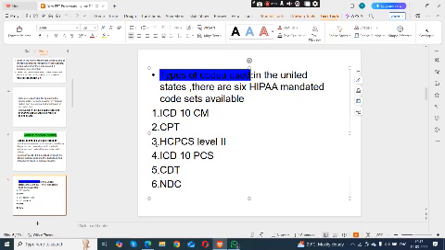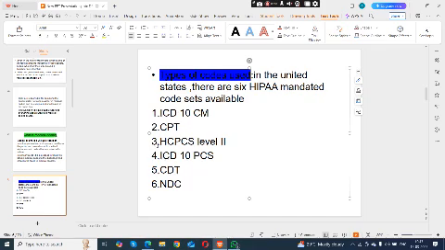These HCPCS level 2 codes appear in some categories of laboratory codes, and we can use some types of secondary codes from HCPCS.